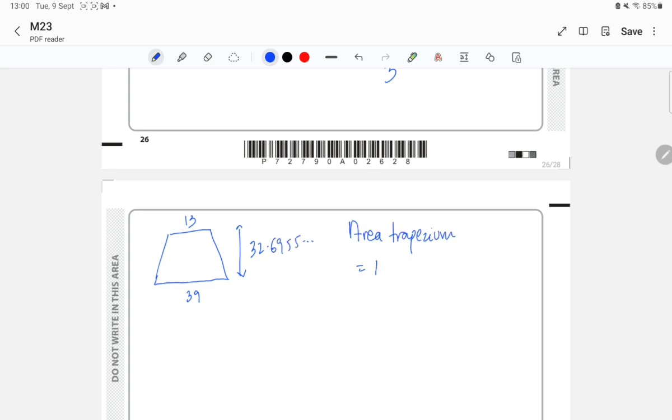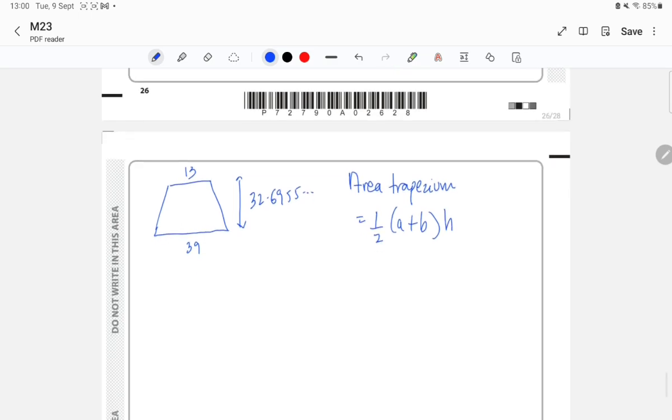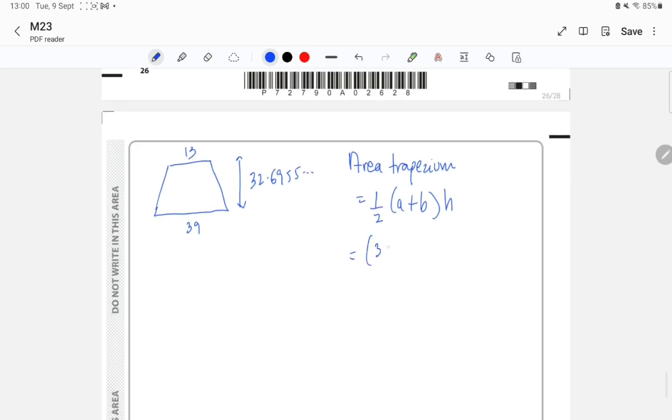The area of the trapezium is half times (a plus b) times the height. So this would be 39 plus 13, multiplied by 32.69 and so on, divided by 2. This will give me 850.0847017. Now I have 4 such trapeziums in the frustum, right?